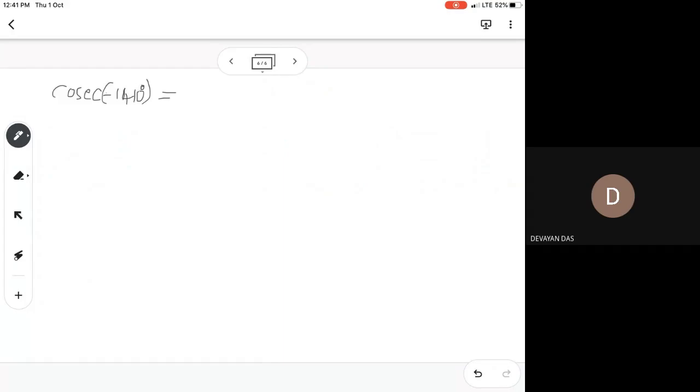You can write it as minus cosec 1410 degrees. So now 1410 degrees, how do you write? 3 times, whenever you take into consideration, cosec of 3 into 360 plus, 3 into 360, how much will you get?